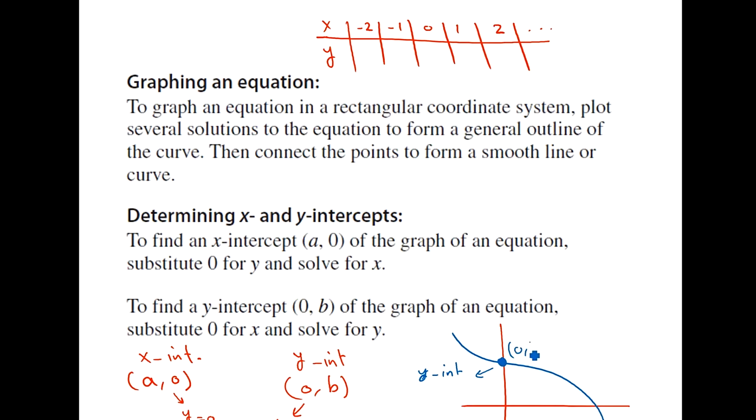This is 0, b. And the intersection point between the curve and the x-axis, for example at a, always has y coordinate equal to 0 and is called the x-intercept. Okay?